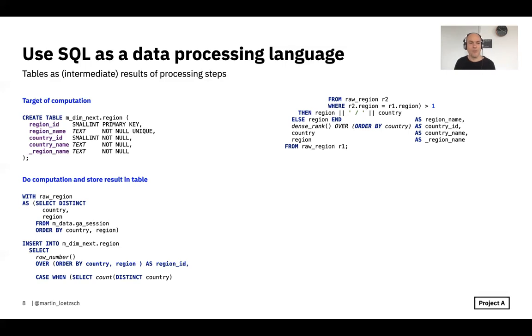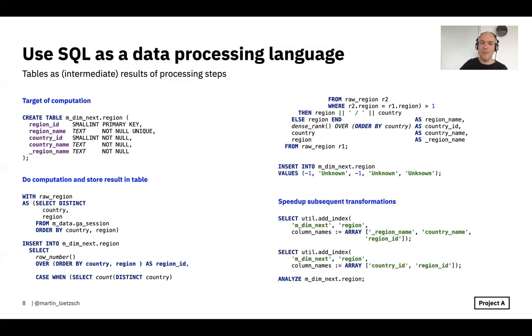Then you do something like creating unique IDs and making region names unique and computing country IDs, and then inserting that into this region table. Then you might also want to add something like an unknown region. And once you are done with that, you add indexes and maybe also analyze the table.